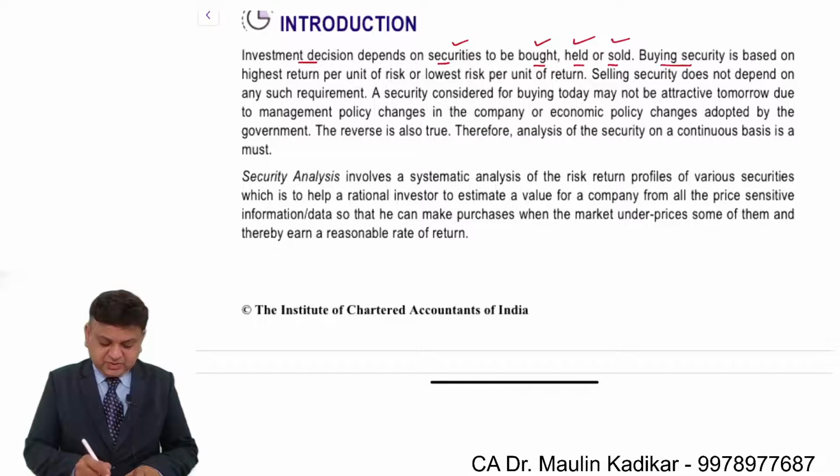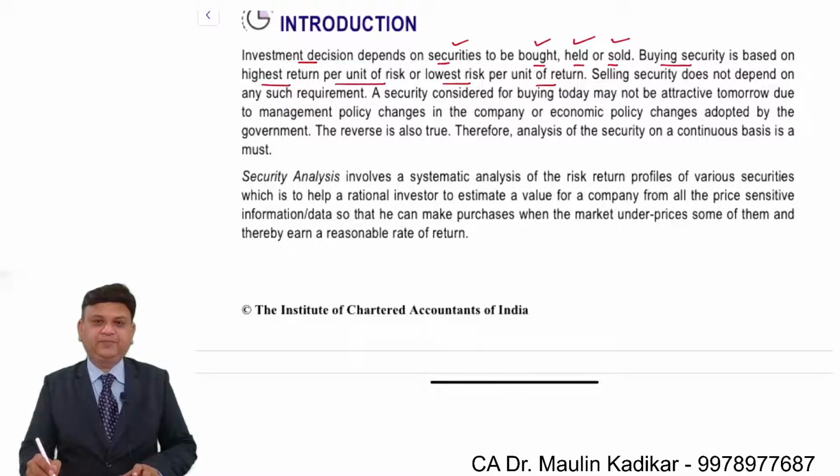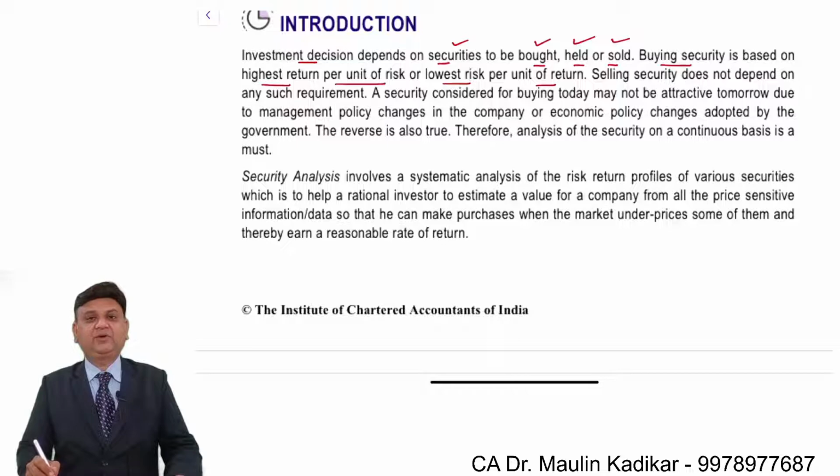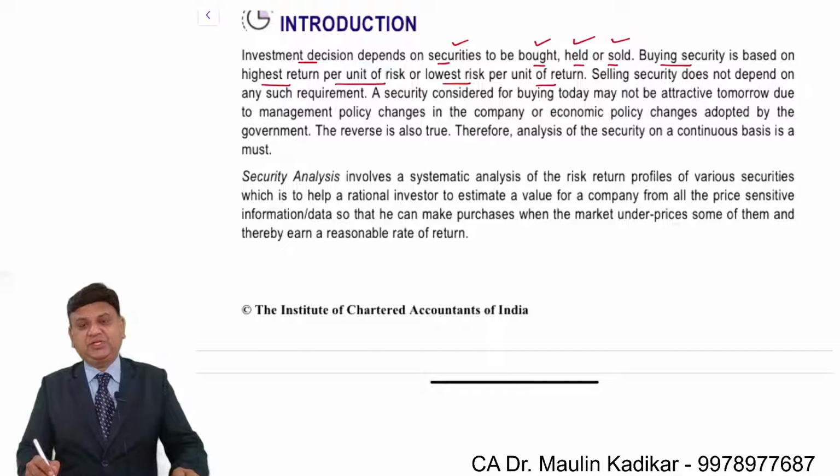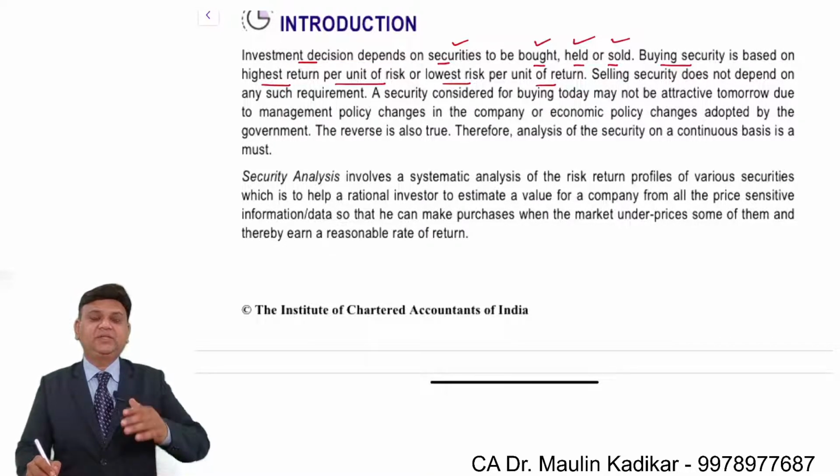Buying of the security is based on highest return per unit of risk or lowest risk per unit of return. There are certain measures, like the coefficient of variation criteria, that indicate the risk per unit of return. We would like to reduce it as far as possible. We take the decision using the alpha, wherein we understand whether the security is outperforming the market or not.